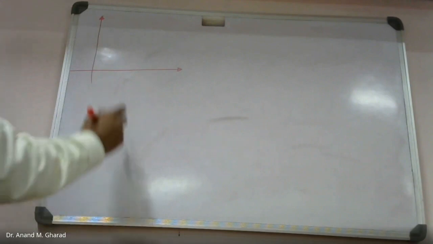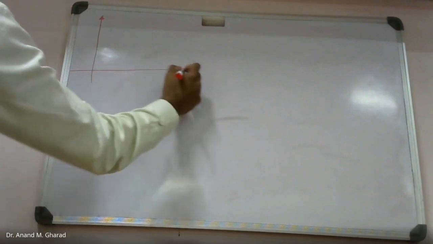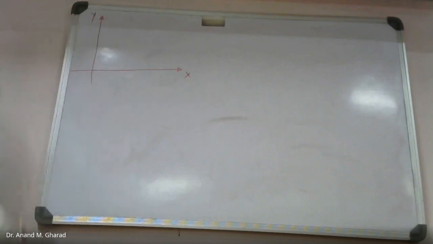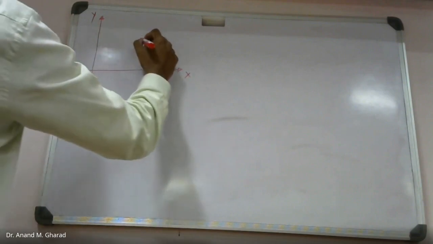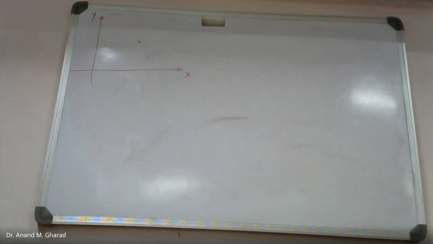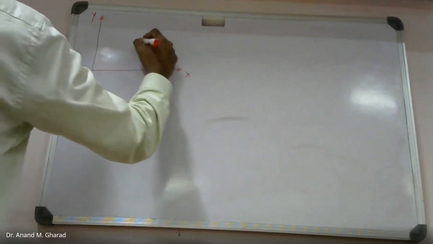So such information is given. This is the x and y axis. This is the point at which a force F is acting like this.